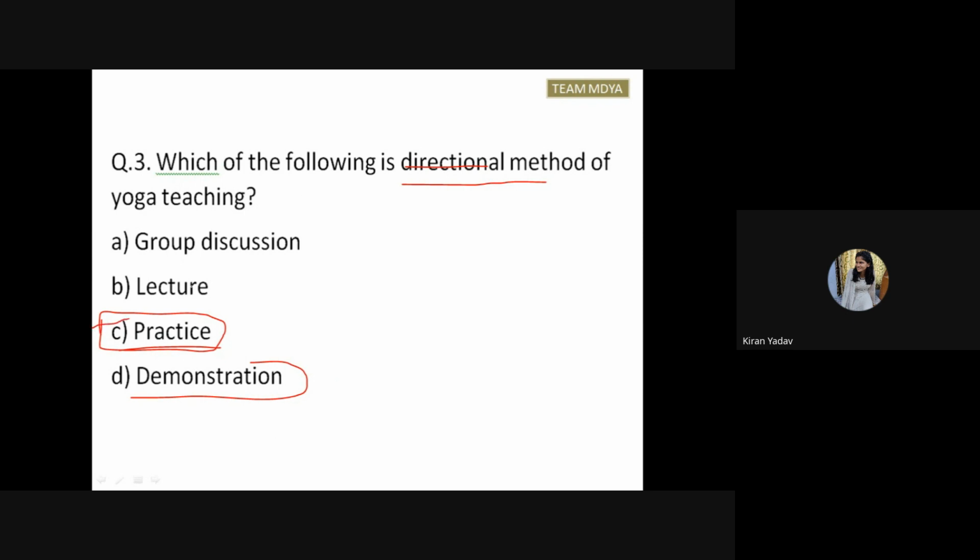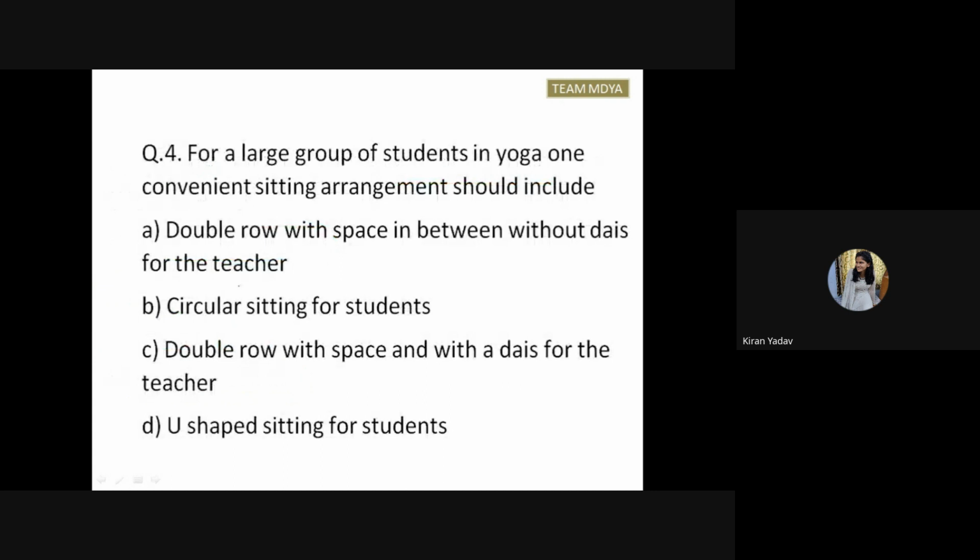Because in the lecture method there is lecture. In the group discussion method, there is group discussion. But only in the directional method and directed practice method, practice is done by students. Okay. Yes, next, ma'am.